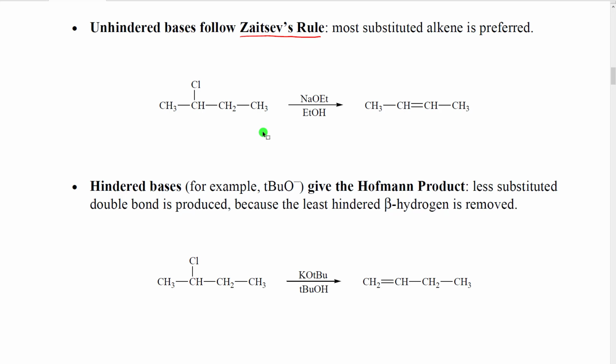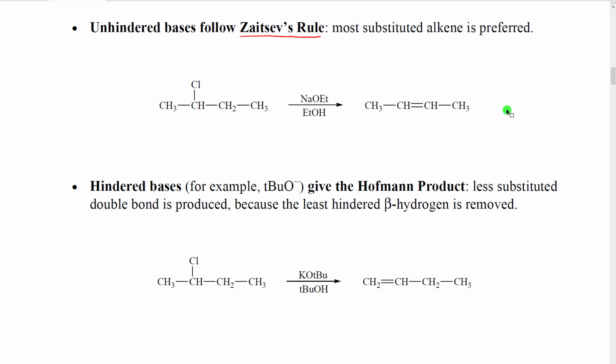So this is a very important point. The size of the carbon group generally does not matter. What is important is just whether it is a carbon group or not. So we call this Zaitsev's rule, and this would be considered the normal rule, the normal regioselectivity.